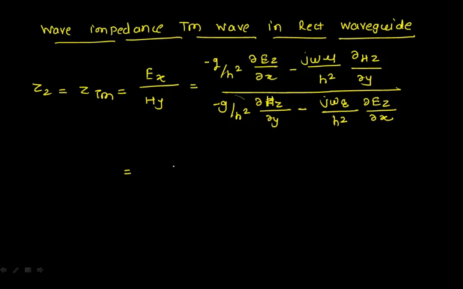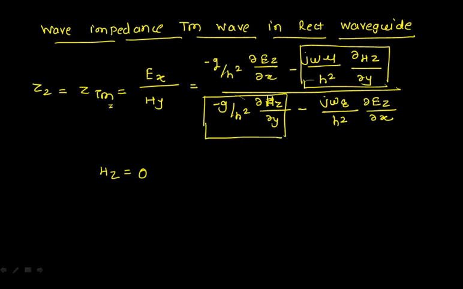Now, the TM wave is nothing but the magnetic field transverse to the direction of propagation. Hence, as the wave is a TM wave, the magnetic component present in the z direction will be zero. Okay, so for TM wave Hz is equal to 0, so this particular term will become 0 in this case, and here this term will become 0 as the Hz component will be 0.